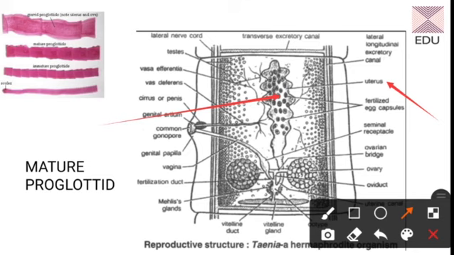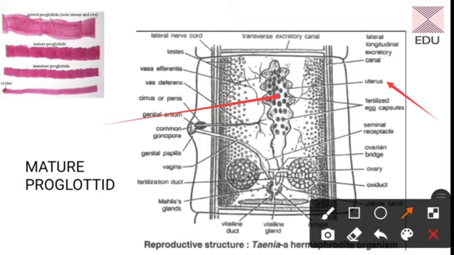So this uterus can be divided into two parts. The narrow lower part is called the uterine duct, and the broader upper part is called the uterine expansion. You must write these two things, uterine duct and uterine expansion.